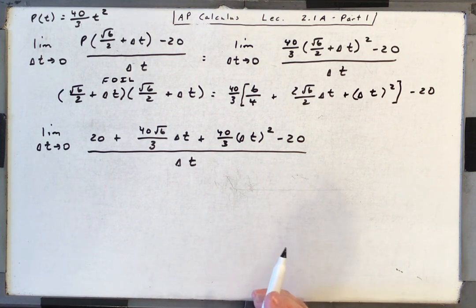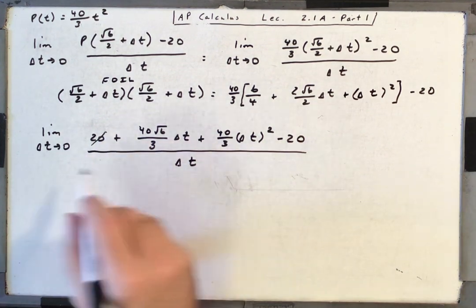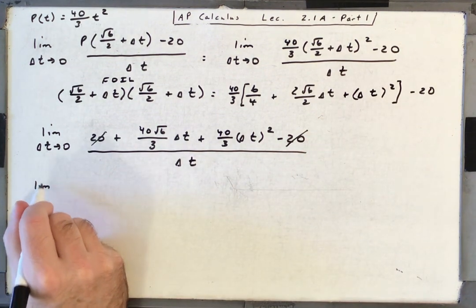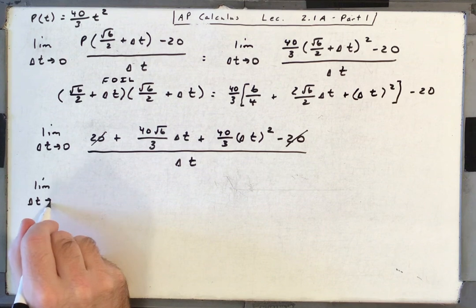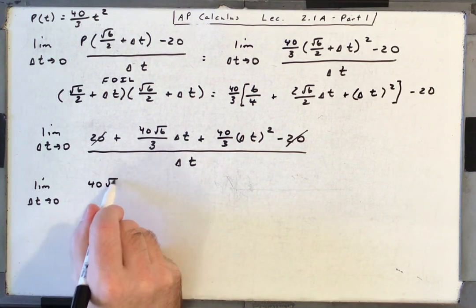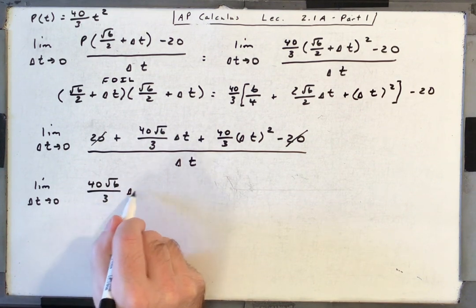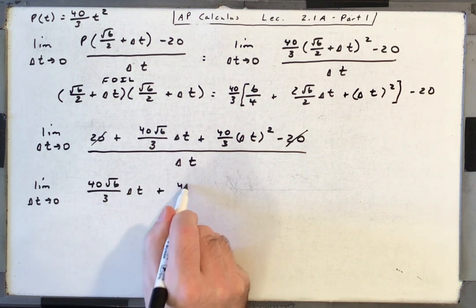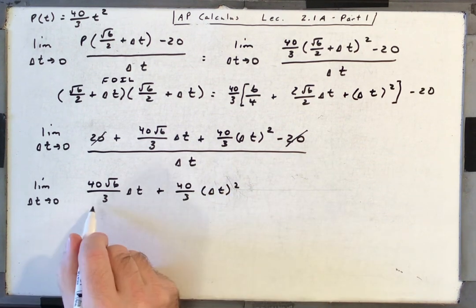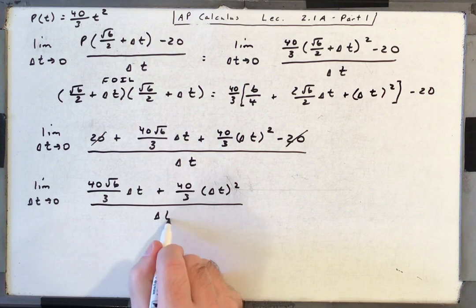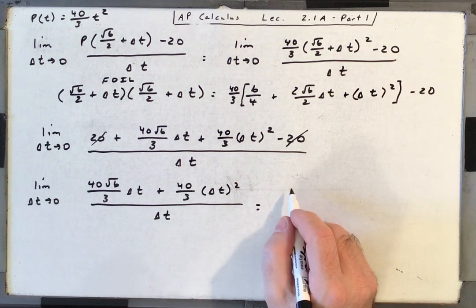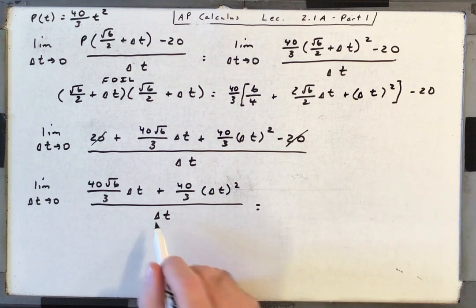Well, something fortuitous happens. The terms that don't have delta t in them cancel out. We're going to have the limit as delta t approaches 0 of 40 root 6 over 3 times delta t plus 40 over 3 times delta t squared, over delta t. Now what can we do to the top? We could factor out a delta t and then cancel out the delta t and get rid of that 0 on the bottom.